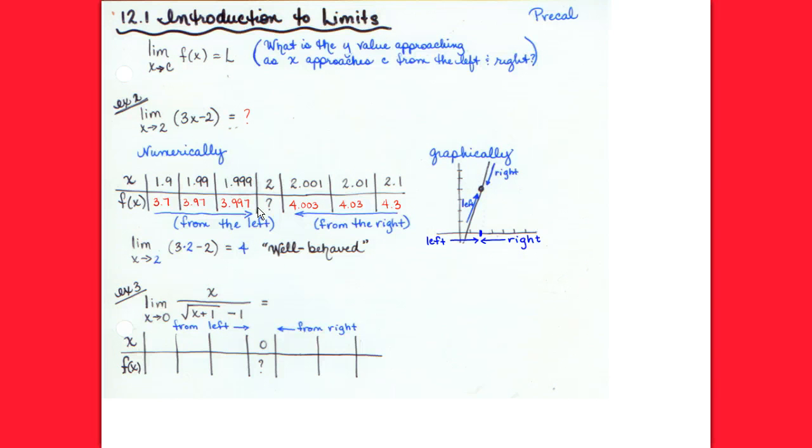And so that gives me an idea that if I had 1.99999, I would probably end up with 3.9999997, right? So judging from that, from the left-hand side, what does it appear that y value is approaching? 4. So that would be my guess as well, that from the left-hand side, numerically, when x is approaching 2, it looks like y is approaching 4.